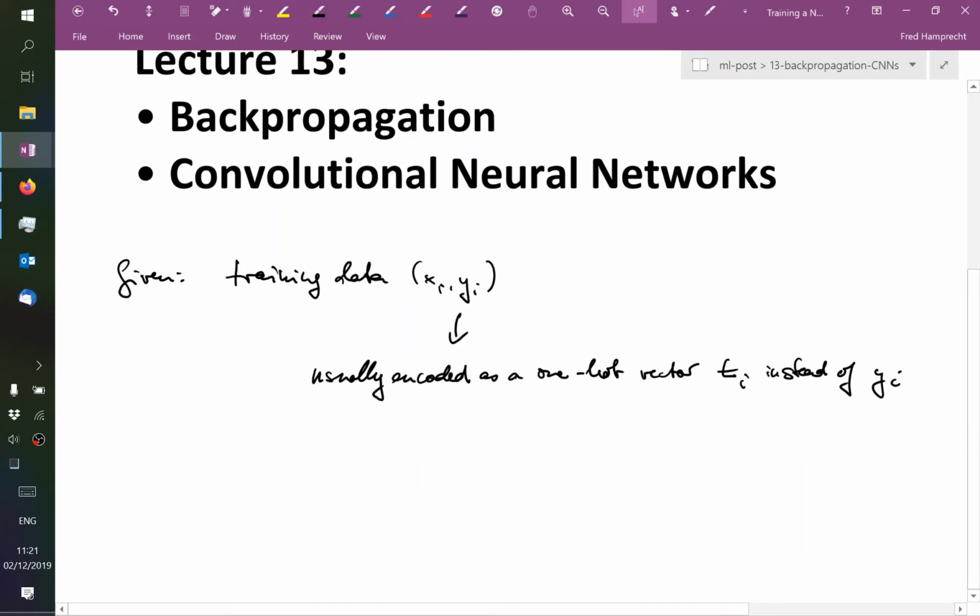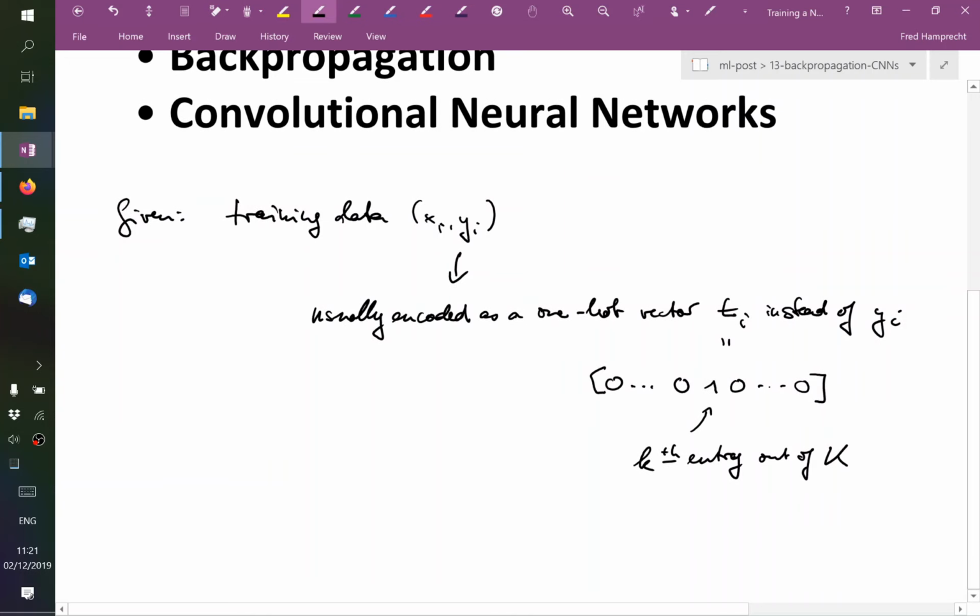And if this ith observation belongs to class L, then this would be a vector which is 0, it then has a 1 in the lth position, and then further zeros. Let's say this is the kth entry out of K, if we have capital K classes. Let me use a different letter here because L I want to use for loss.